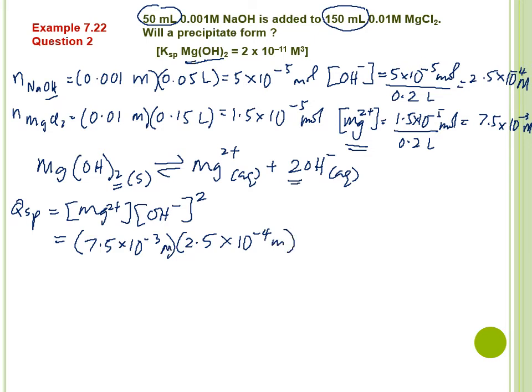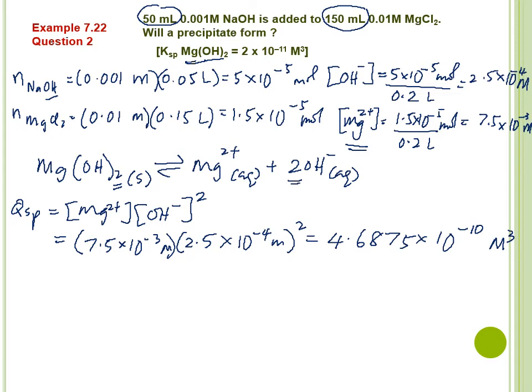For the hydroxide ion here, we need to do to the power of 2. Okay, so your answer would be, press your calculator, 4.6875 times 10 to the power of negative 10 molar to the power of 3.